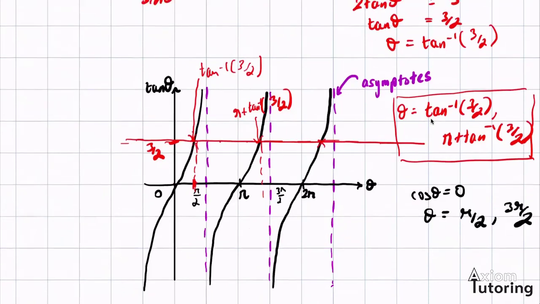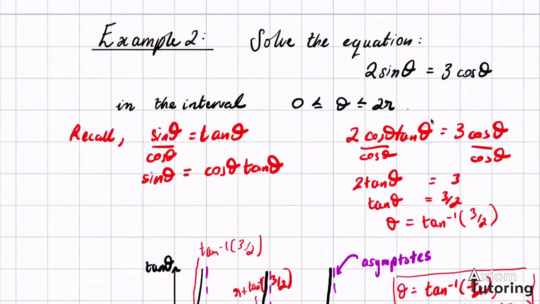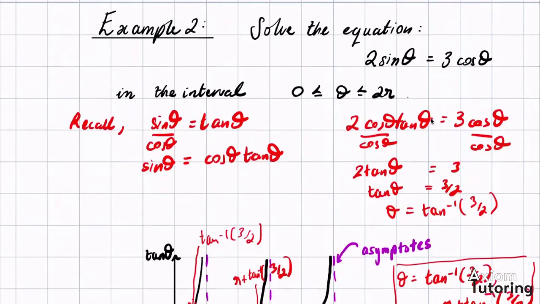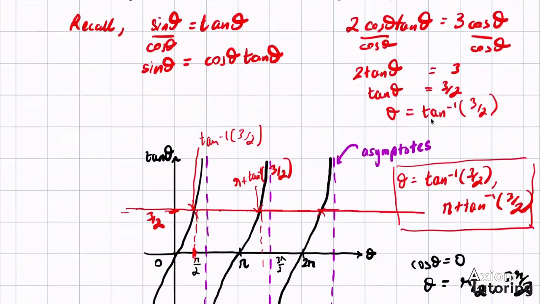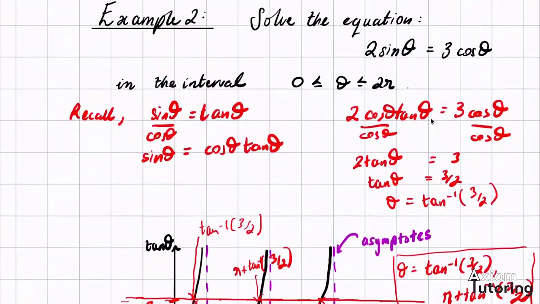Now, if we plug those values into our original equation, 2 sine of pi over 2 is 2 times 1. But then, of course, 3 cos of pi over 2 is 0. So the left-hand side is 2, but the right-hand side is 0.